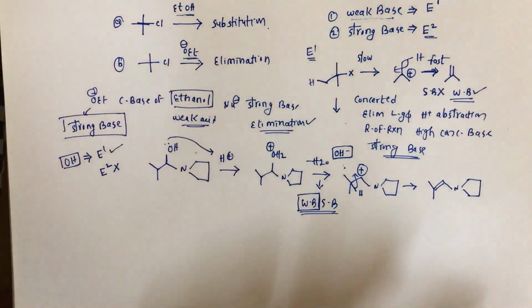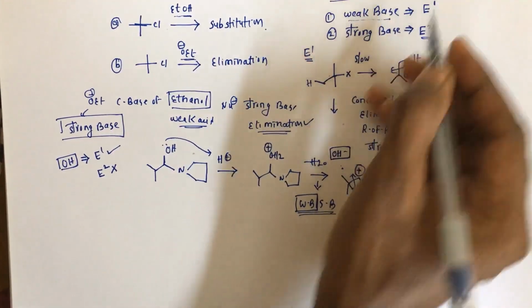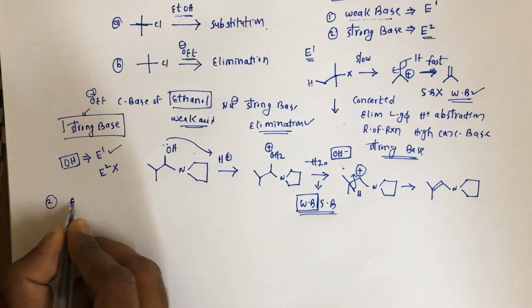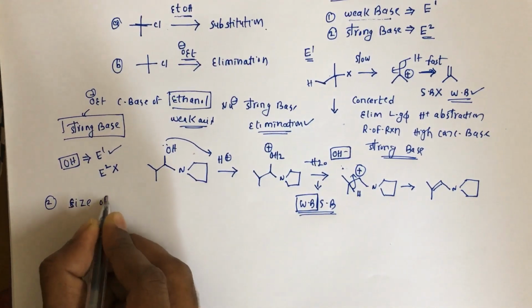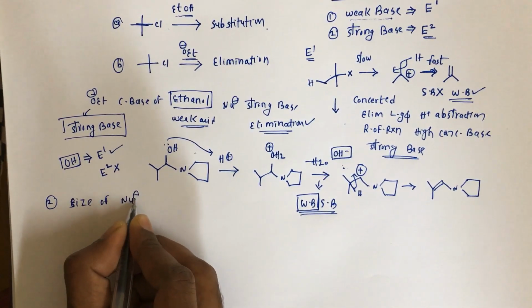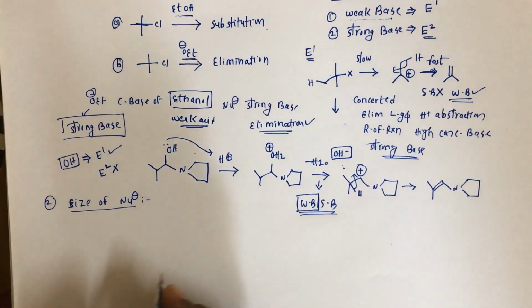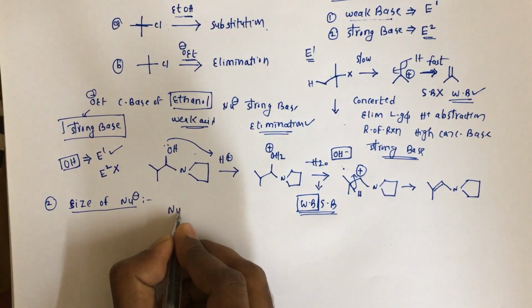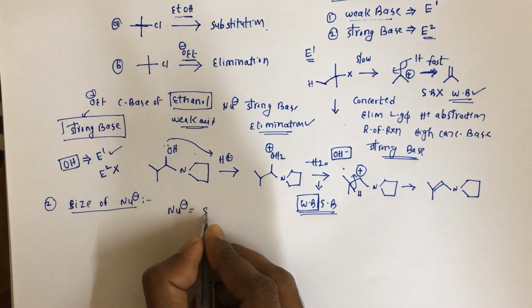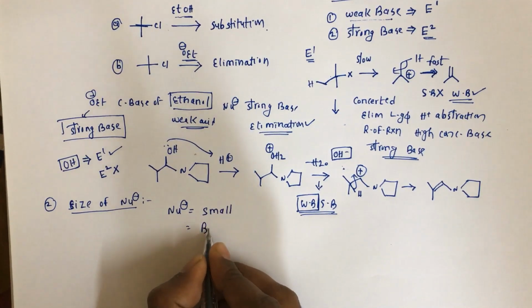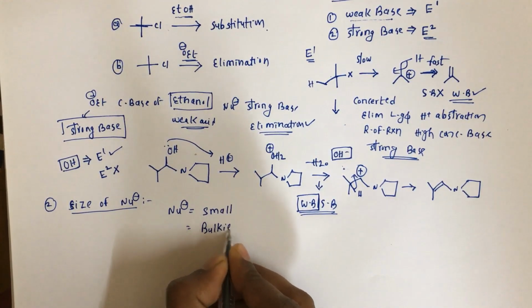This is about the effect of basicity. The second one is the effect of size of the nucleophile. The nucleophile size can be of two kinds: it can be small or it can be bulkier.